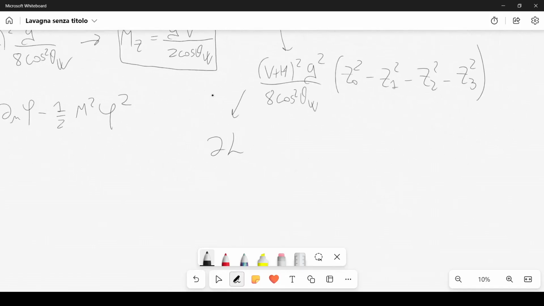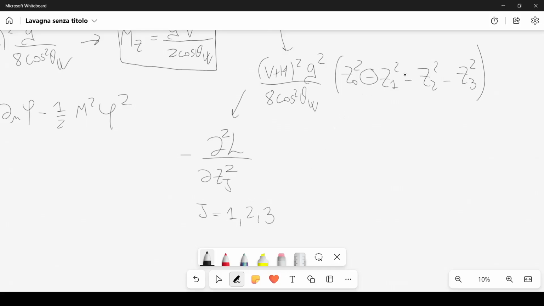If we take the derivative of that Lagrangian with respect to Zj, and we take the derivative twice, so we have d squared here, and we put a minus. So j, in this case, should be interpreted as an index which can be either 1, 2, and 3.